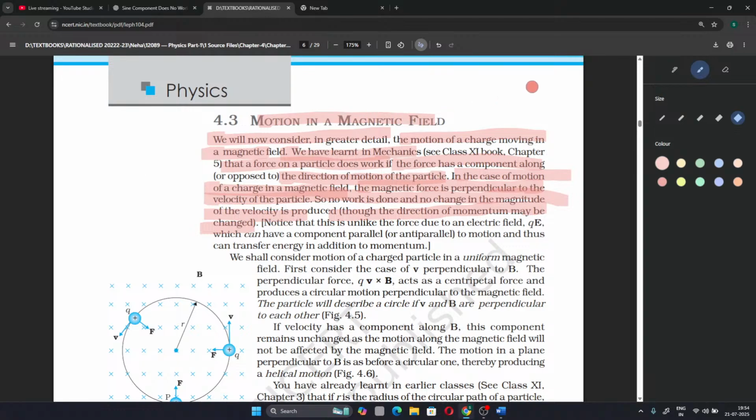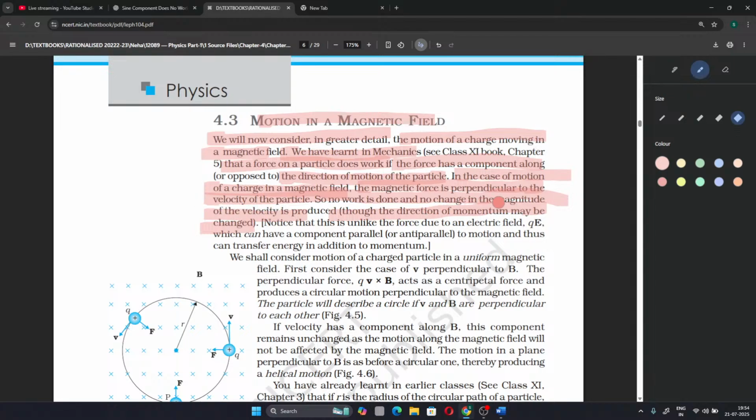The motion of a charge moving in a magnetic field: we have learned in mechanics that a force on a particle does work if the force has a component along the direction of motion of the particle. Only if the force is along the direction of velocity, and there is a cos component, then there will be work done.